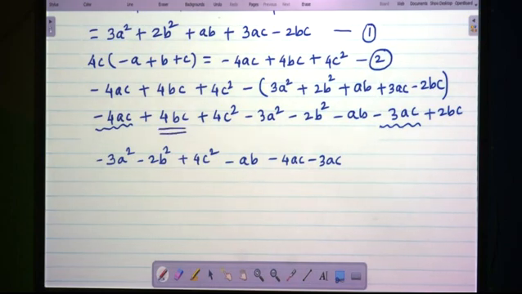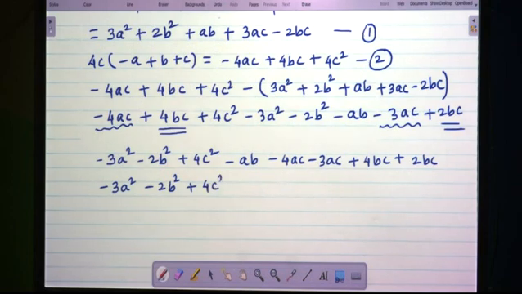Next, 4bc and 2bc, plus 4bc plus 2bc. What happens? Minus 3a square as it is, minus 2b square as it is, plus 4c square as it is, minus ab also as it is.